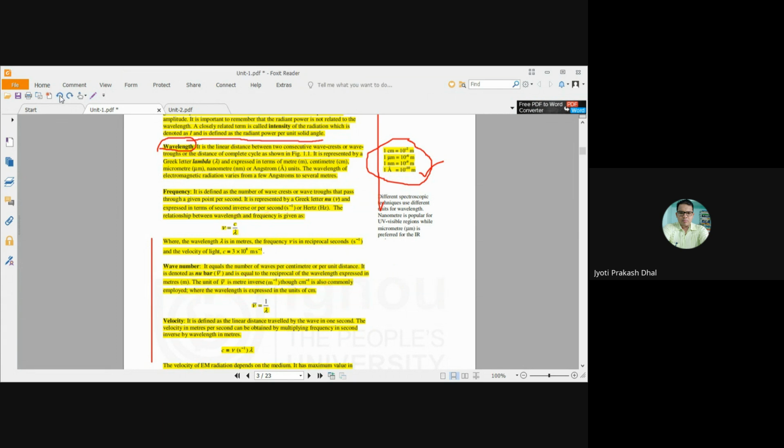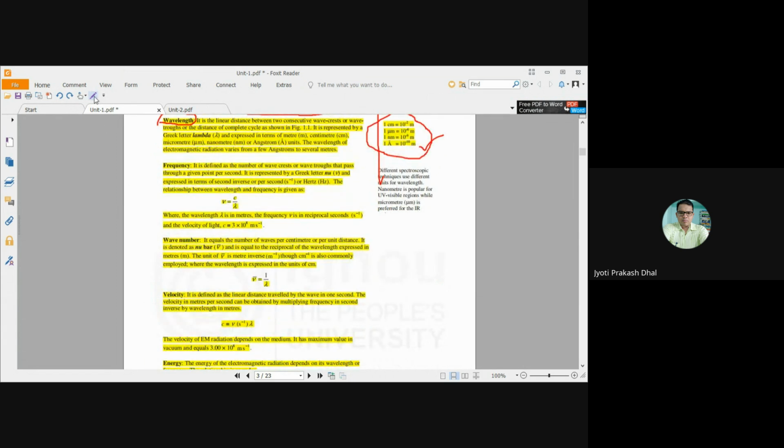Now coming to the next one, to quantify any wave, that is called wave number. It is equal to the number of waves present per centimeter, or per unit distance. Suppose this is the starting point and we take a particular unit distance. Within that distance, the number of complete waves present is known as wave number.